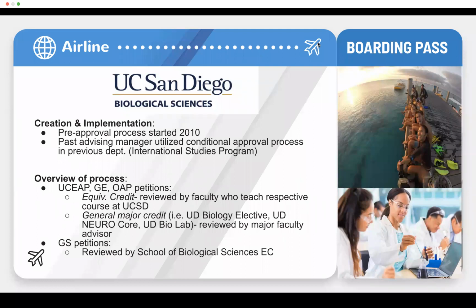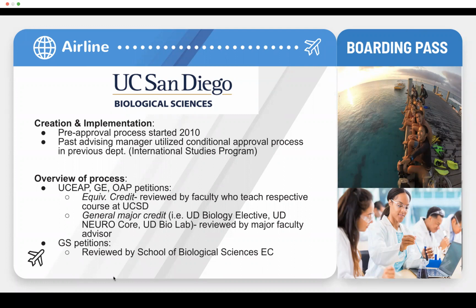major faculty advisor. For global seminar petitions, hopefully most of you know that global seminar courses are really UCSD courses that are taught abroad. So an example is, UCSD offers a course called Psych 181, or that's the course number. And there's also a Psych 181 GS global seminar course.